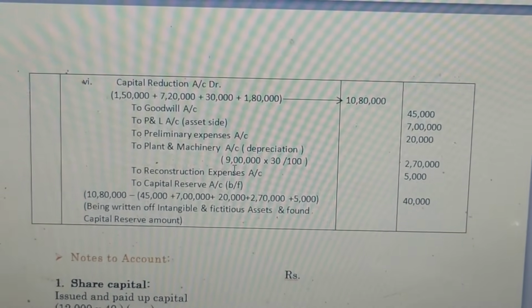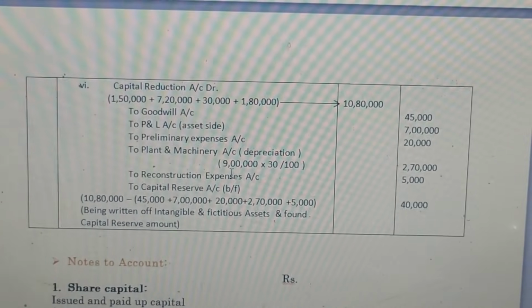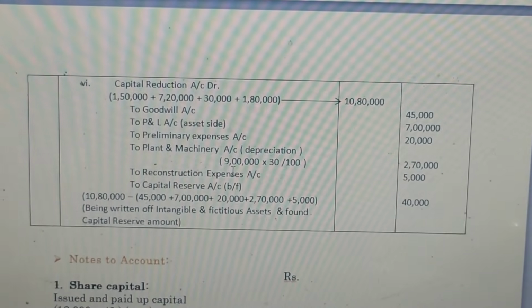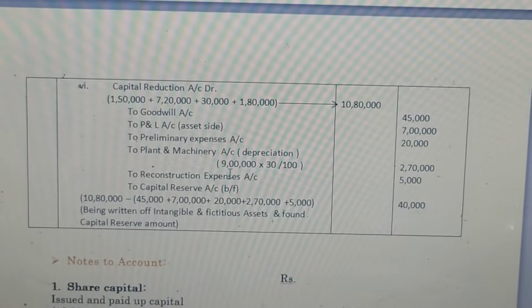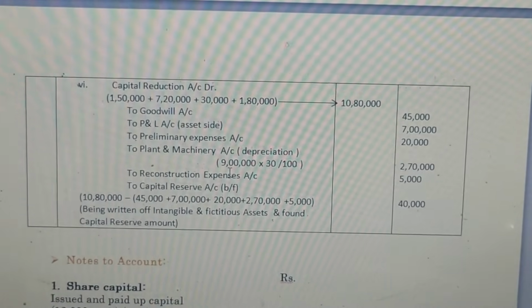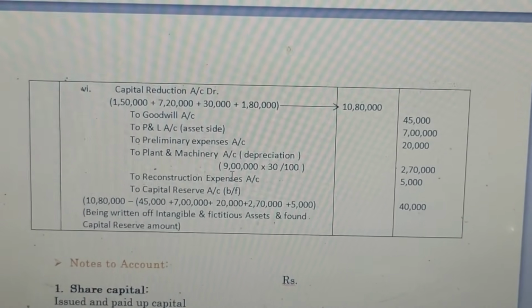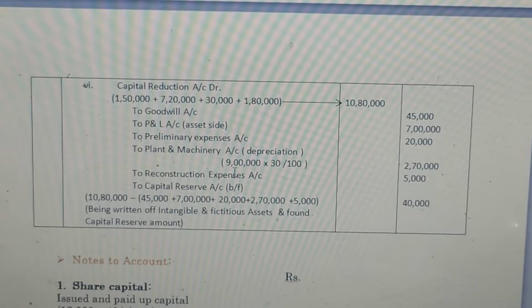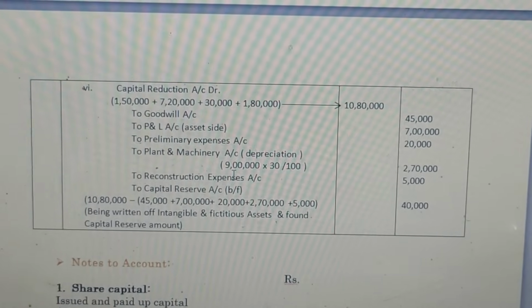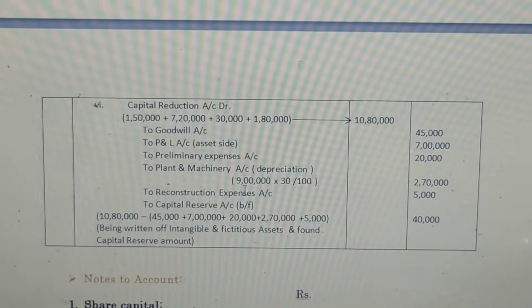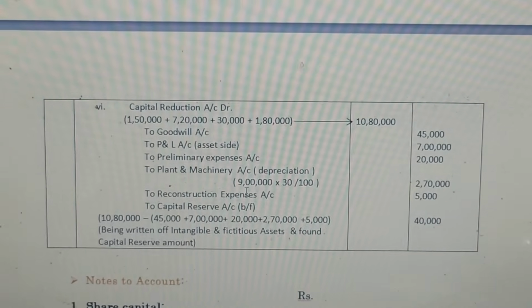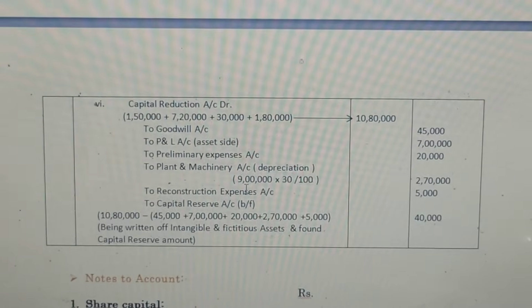Then we are going to adjust all the company's fixed assets and intangible assets. To goodwill account creditor 45,000. To profit and loss account asset side items, the amount is rupees 7 lakh. To preliminary expenses rupees 20,000. To plant and machinery account depreciation.